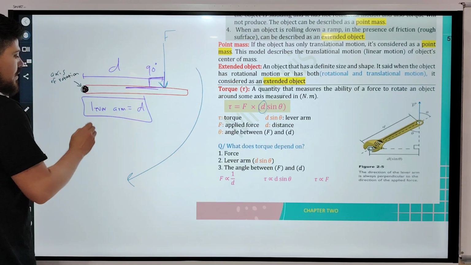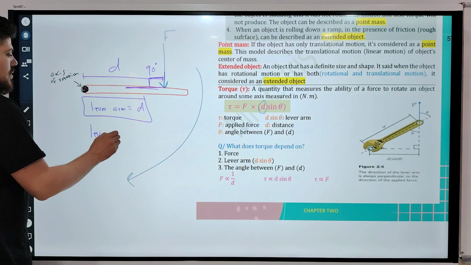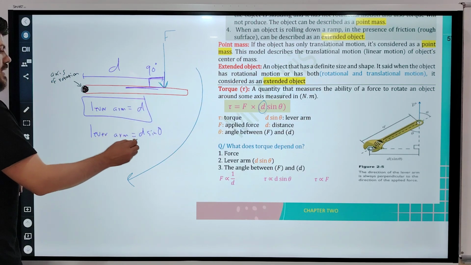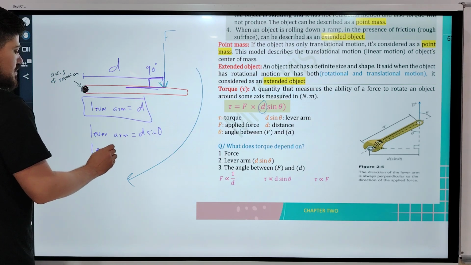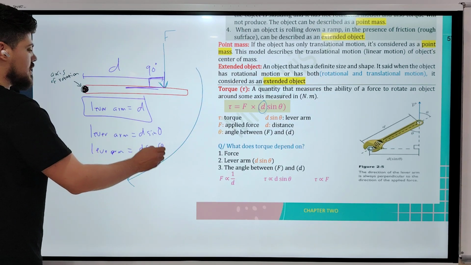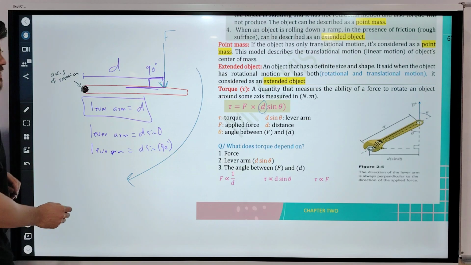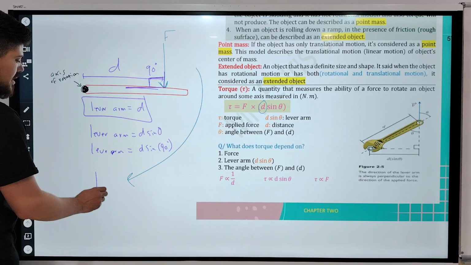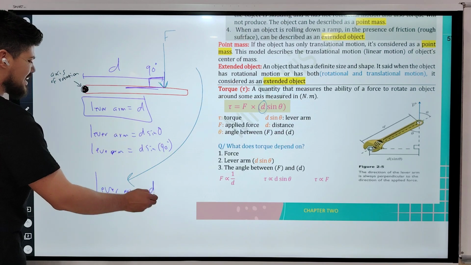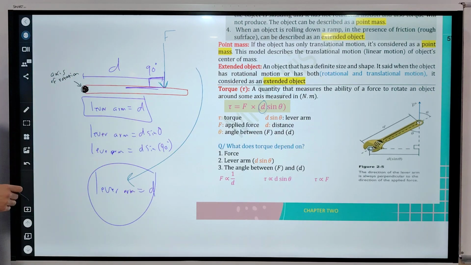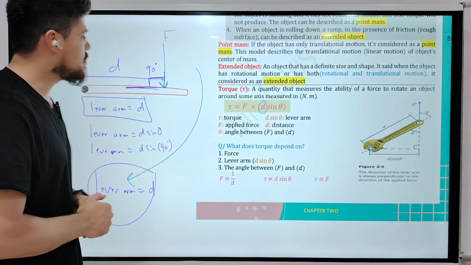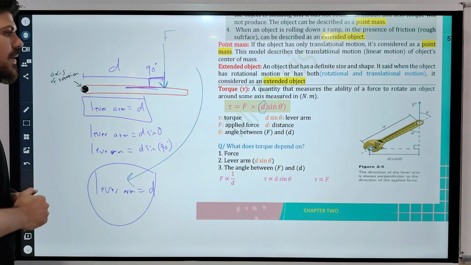Because lever arm is equal to D sine theta, replace: lever arm is equal to D sine 90. Sine 90, as you know, is equal to 1. So finally, lever arm is equal to D. When is lever arm equal to D? If the applied force is perpendicular to the distance of the beam.